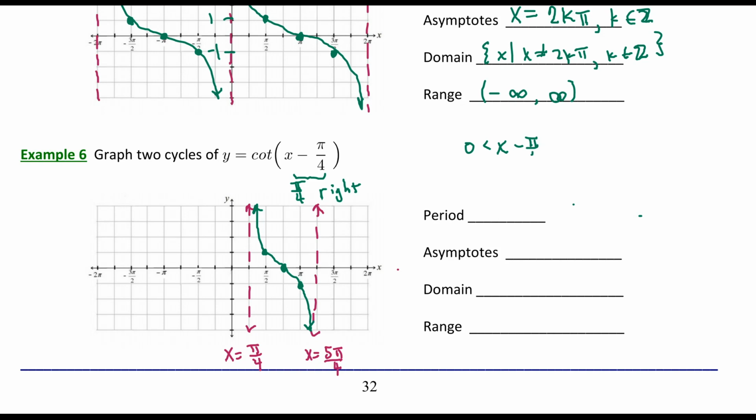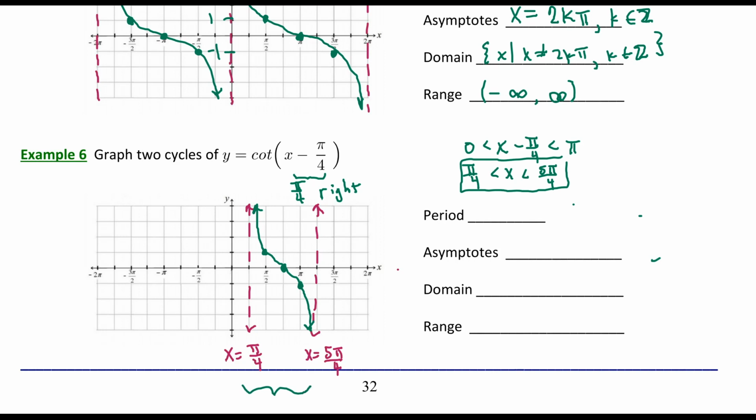So I'm taking the argument and trapping it between 0 and pi. If we add pi over 4 across this entire inequality, 1 pi plus 1/4 pi would give us 1 1/4 pi, or 5 pi over 4. So with an inequality analysis, you can also determine that interval for your first fundamental cycle.